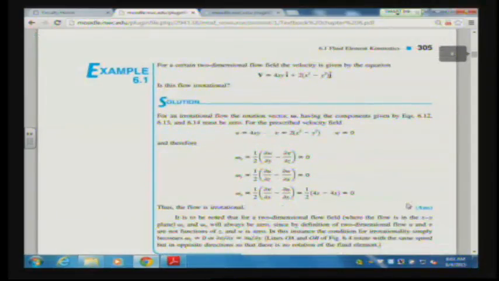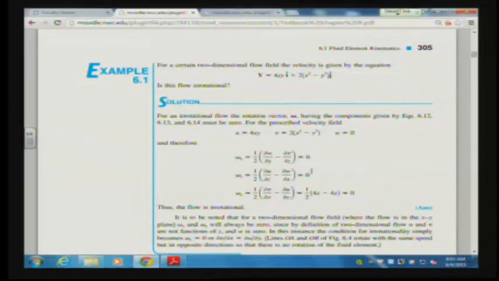So here is a situation, example 6.1. It shows you a good example where you have a component u and a component v and a component w. So in other words, the velocity vector would be equal to u times i plus v times j plus w times k. So we find omega x using the partials, omega y using the partials, and omega z using the partials.